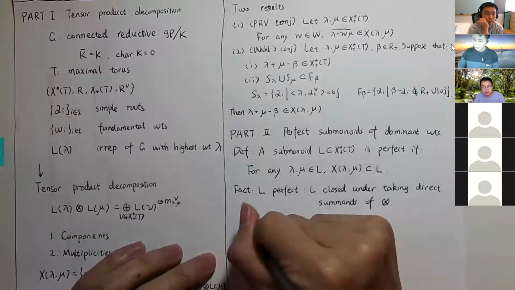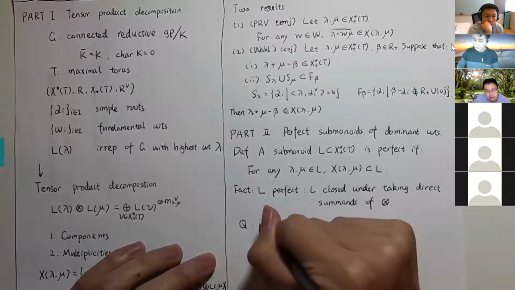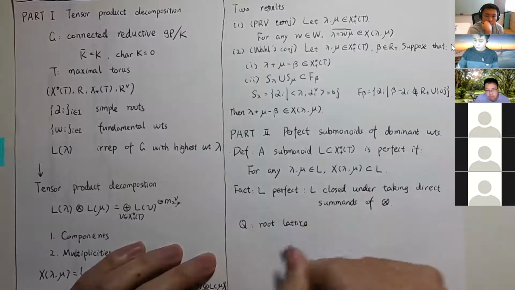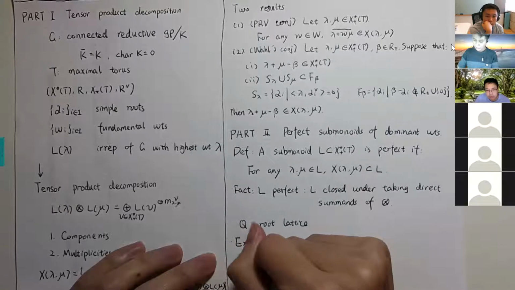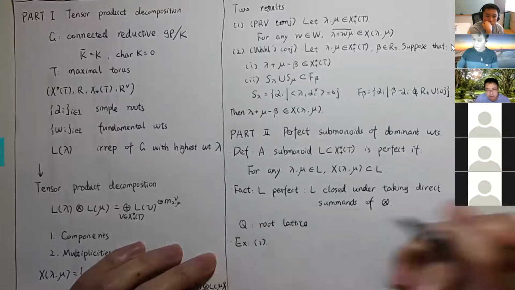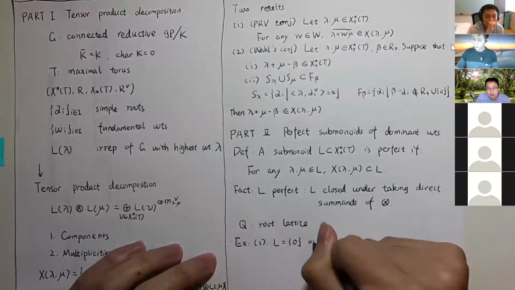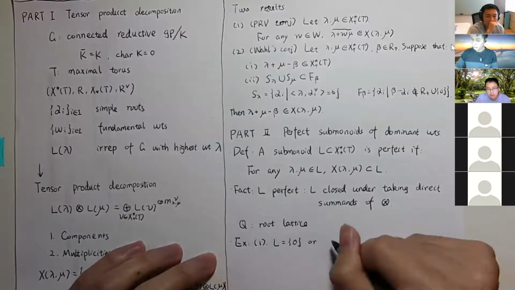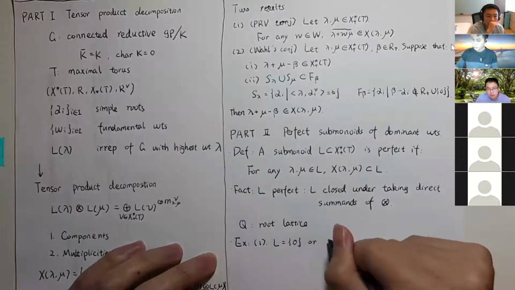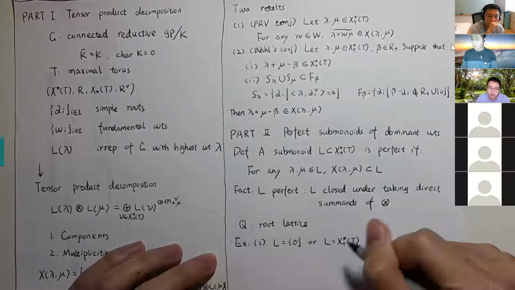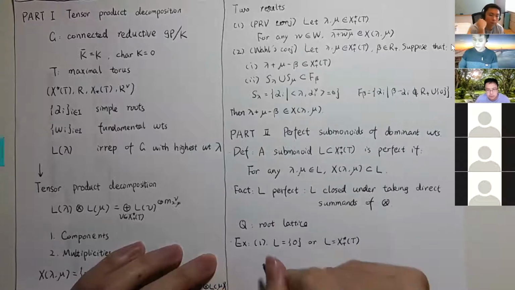Let Q be the root lattice of G. For the first example, obviously you have the zero submonoid, or just the set of all dominant weights. These two are definitely perfect.